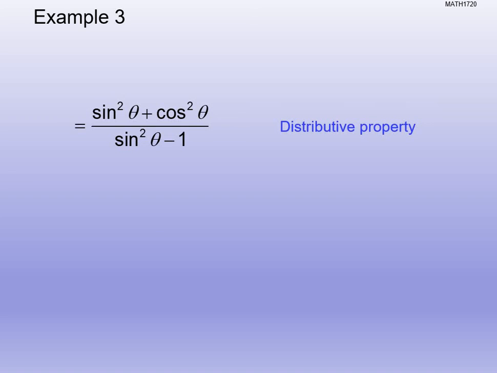So the top goes to 1, and the bottom, you use the Pythagorean identity, solve it strictly for cosine squared theta, and then you replace it in the denominator. So you can rewrite sine squared theta minus 1 and replace it all with negative cosine squared theta.